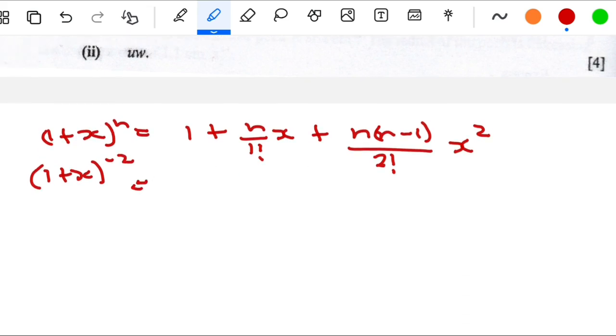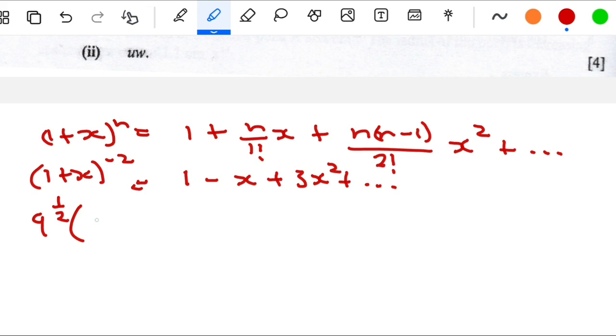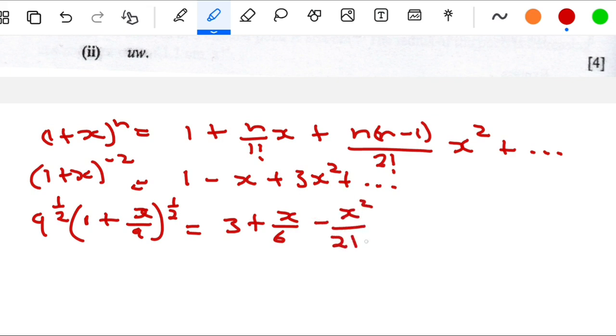If we plug in the formula there and simplify, we're going to get 1 minus 2x plus 3x squared plus. Okay, then if we take the other one, which is 9 to the power half, then (1 plus x over 9) to the power of half, we're going to get 3 plus x over 6 minus x squared over 216 plus, after simplifying.